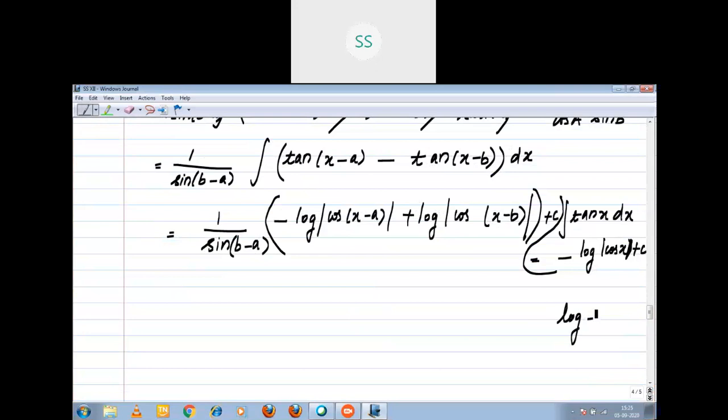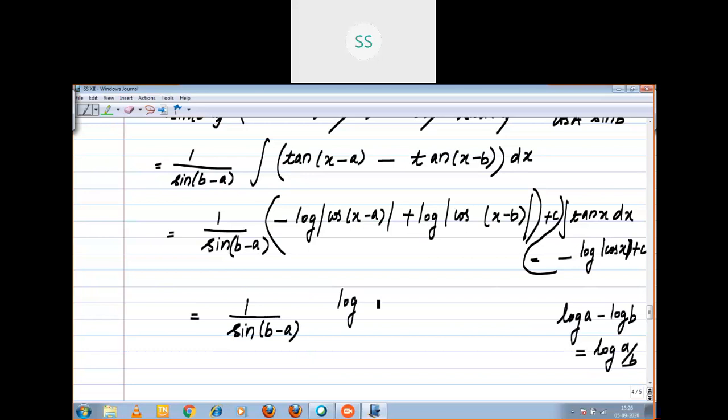That concept I am going to use here. 1 by sine b minus a, then it becomes log of modulus cos of x minus b divided by cos of x minus a plus c. Got it, children? That is how we integrate.